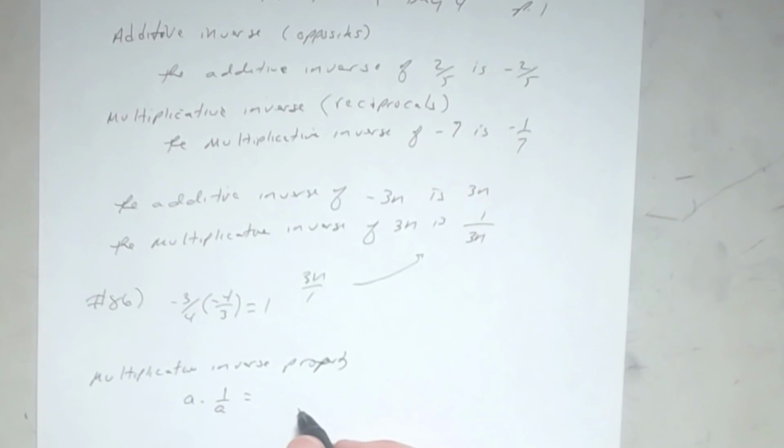Okay, so if I have 4 times 1 over 4, what is it? It's 1, right? That's 4 over 4, which is 1. And if you look at 1/4, isn't 1/4 the multiplicative inverse of 4? Yeah. So if I multiply two numbers that are multiplicative inverses of each other, what should you get? It should equal 1.